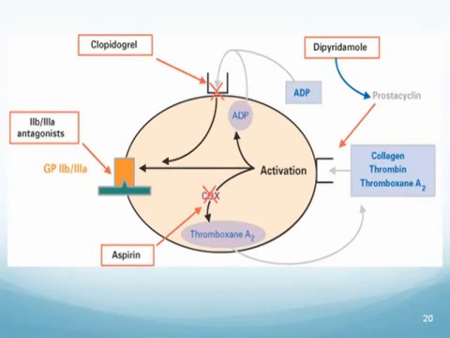So we have aspirin, which inhibits the formation of thromboxane A2, and we have the thienopyridines, such as clopidogrel as an example, that block the P2Y12 receptor, and that's demonstrated on top of the cell, and that's where ADP works. So there's two different mechanisms.